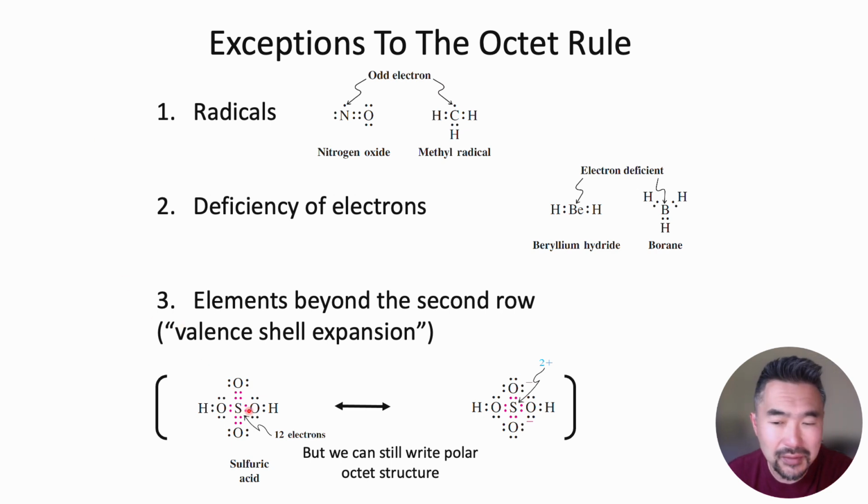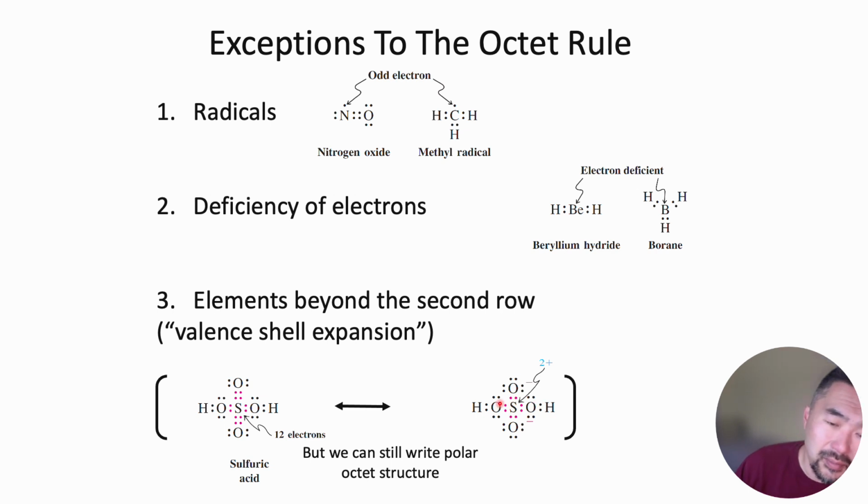Sulfate or sulfuric acid, or if you think about the corresponding ion, sulfate, because sulfuric acid is a strong acid, you could think about the conjugate base a bit. Each of these is a valid Lewis structure, and you could say resonance forms.